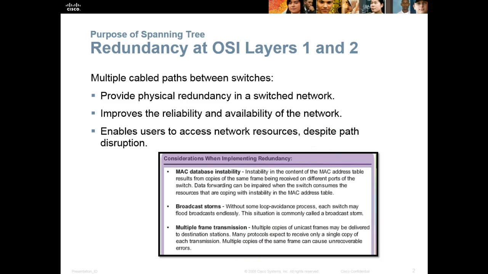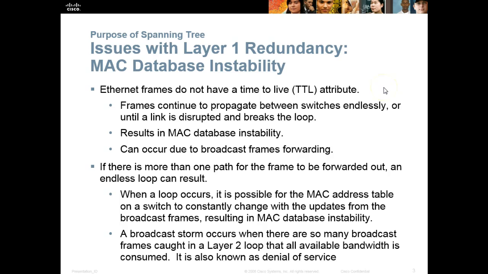So the things that we're wanting to watch for are the MAC address instability, the broadcast storms, kind of the same thing, and multiple frame transmission. Those are the things that cause us to run into trouble. So Ethernet frames don't have a time to live attribute.